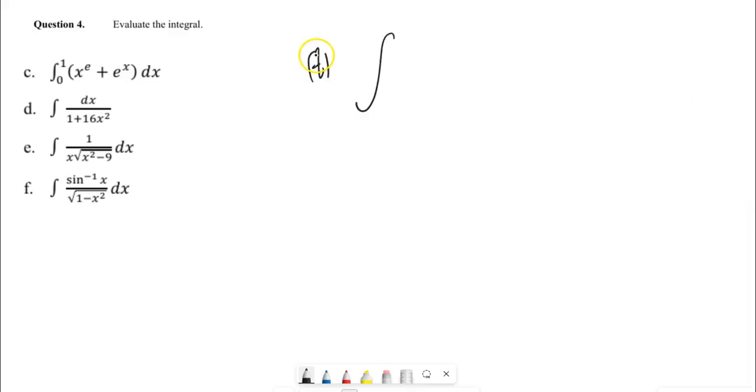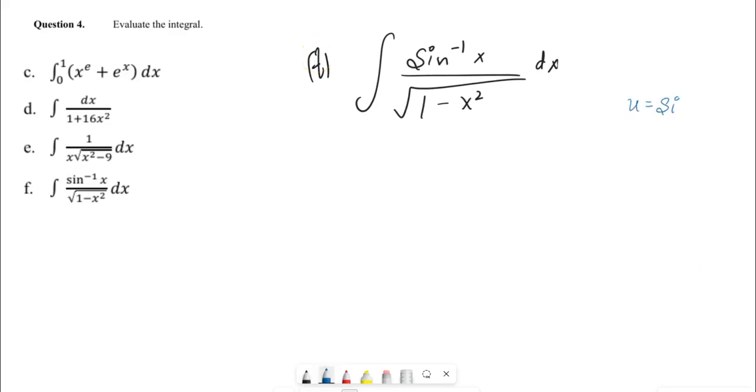Lastly, let's do this one. Integral of sine inverse of x divided by square root of 1 minus x squared with respect to x. So we put a substitution here. Derivative of sine inverse of x is 1 by square root of 1 minus x squared dx. That's already sitting in the question. That gave me the clue actually.